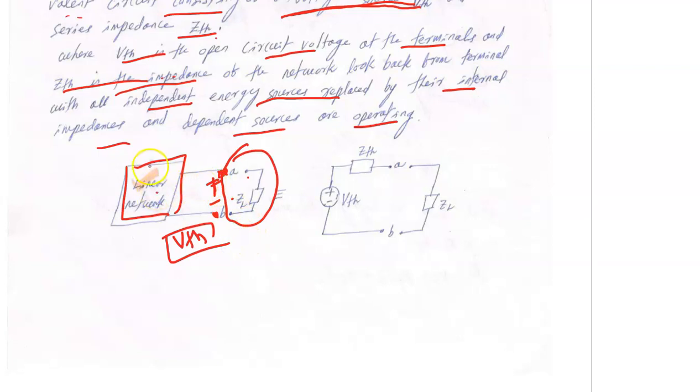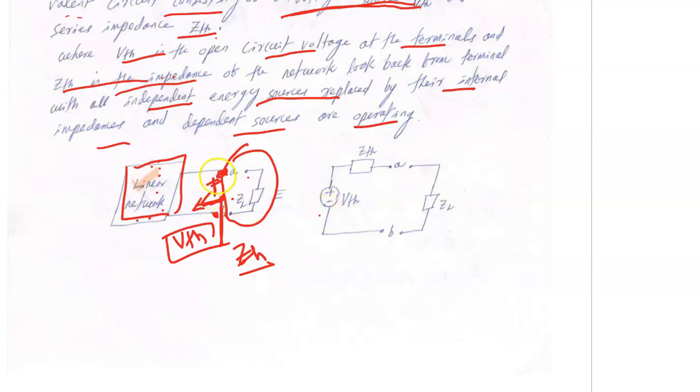Then reduce all the independent sources to 0 and replace their internal impedances and consider all dependent sources operating. Then measure the impedance at the terminal AB looking back into the network. That is your ZTH, the Thevenin impedance.